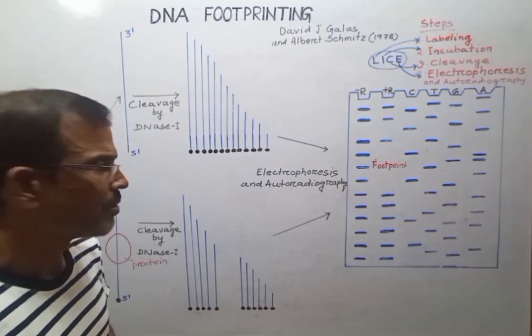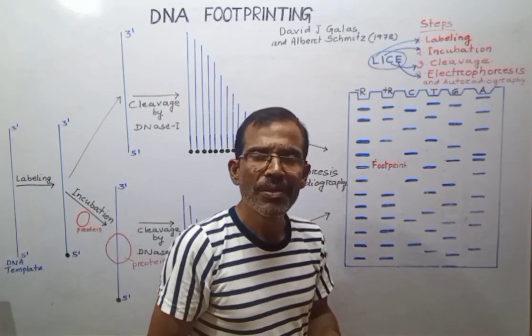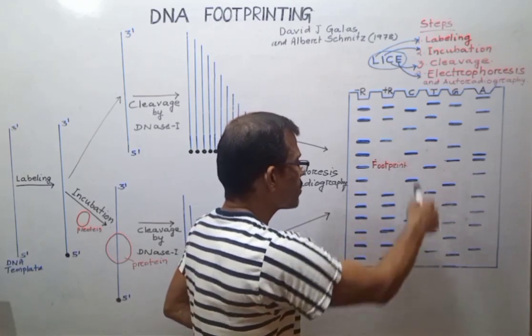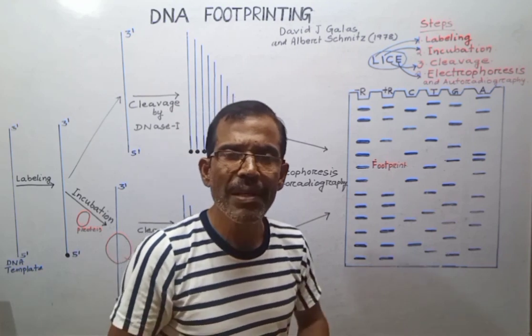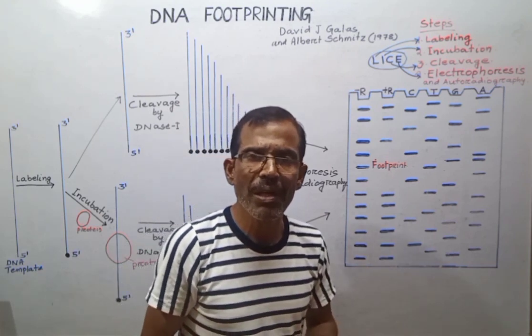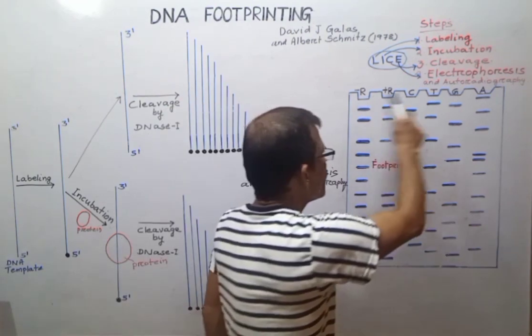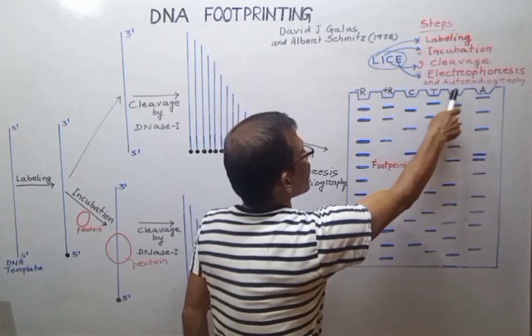After cleavage, the fragments are separated by polyacrylamide gel electrophoresis in separate lanes along with sequencing ladder so that it will be possible to identify the location and sequence where the protein has been bound. Here in the gel you can see that there are 6 separate lanes.